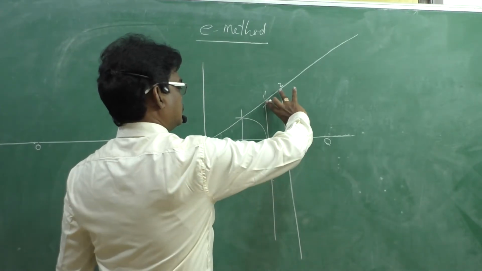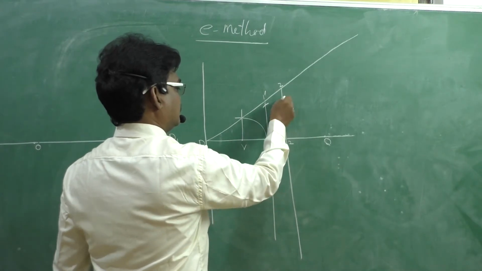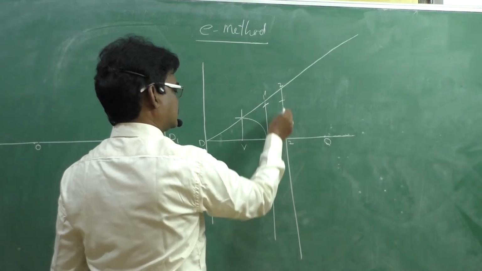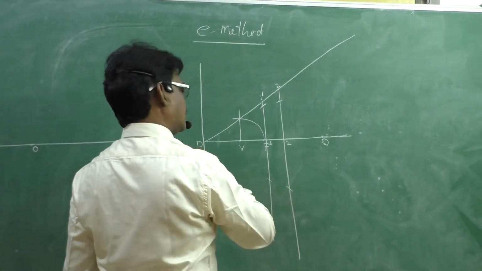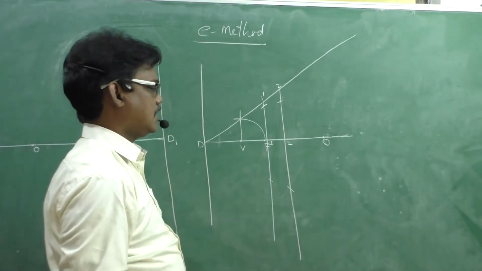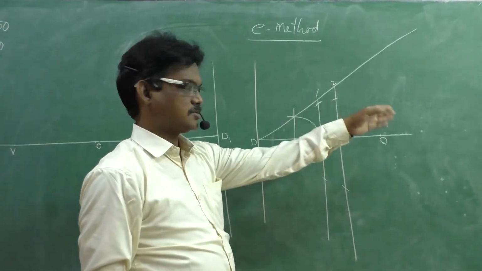Here also 2, 2 dash as radius, F as center, we draw the arcs on either side. Okay? Likewise, we consider a number of lines. After that, we look at these points and draw the smooth curve.